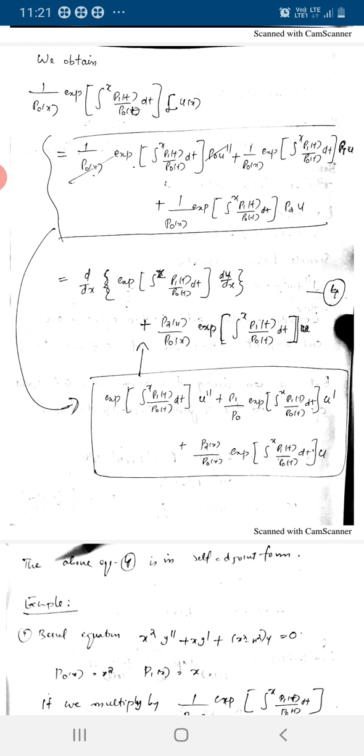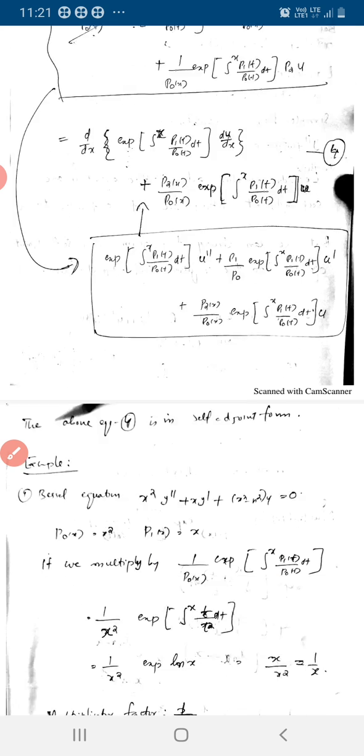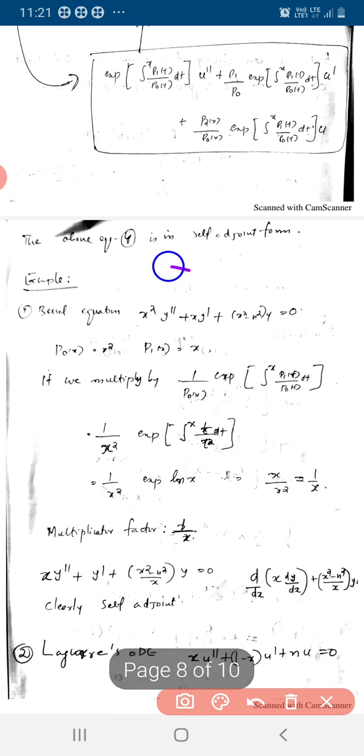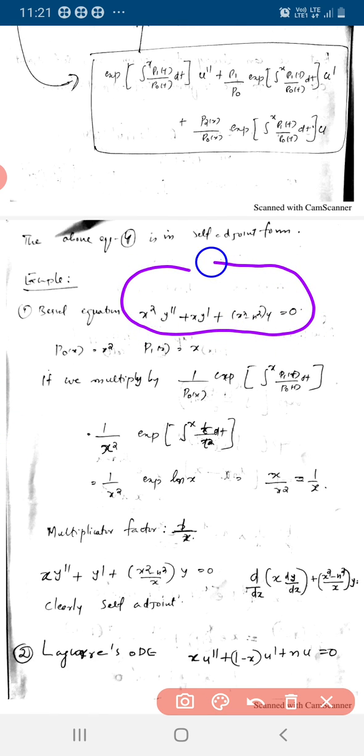Okay, and we will illustrate it by considering the Bessel equation. Bessel equation is this: x square y double prime plus x y prime plus x square minus n square y equal to 0. Clearly, this is not self-adjoint because we should have got 2x here to make it self-adjoint.